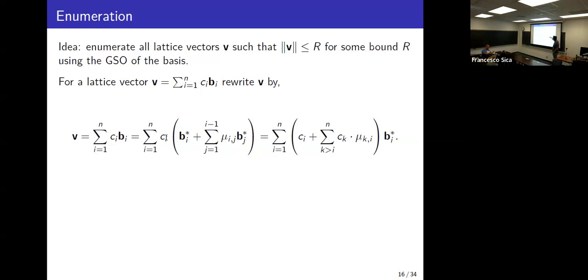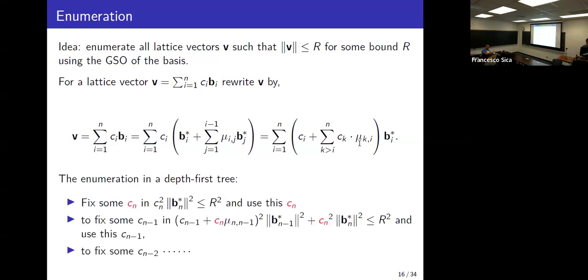Then I take the square norm from both sides, and the square norm breaks up into each component of Bi star, and therefore I have a summation of the square norms of the Bi star, right?